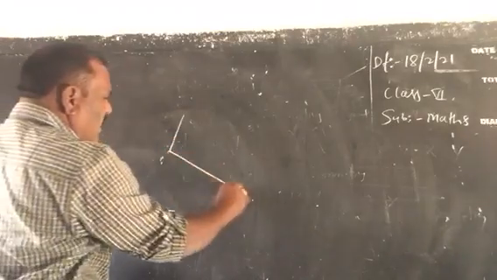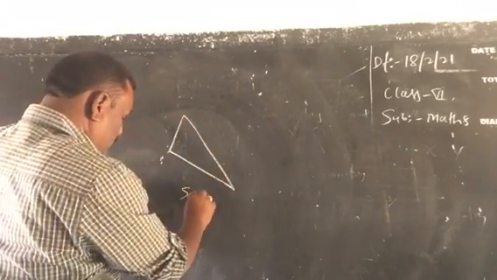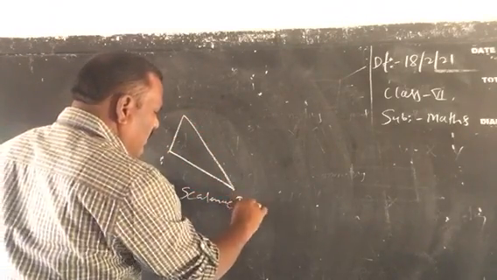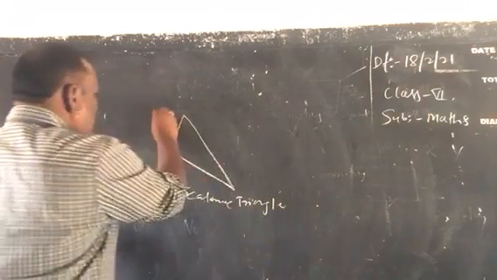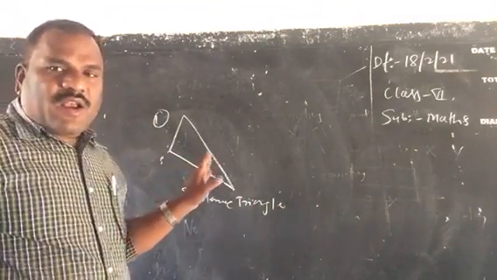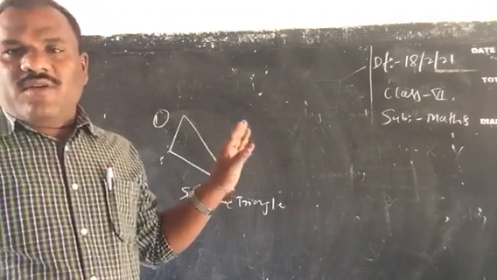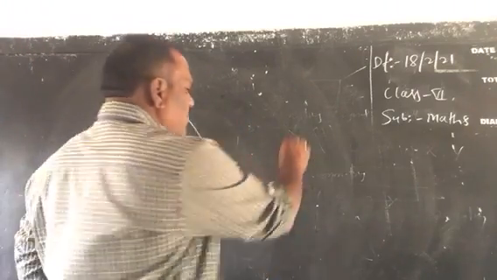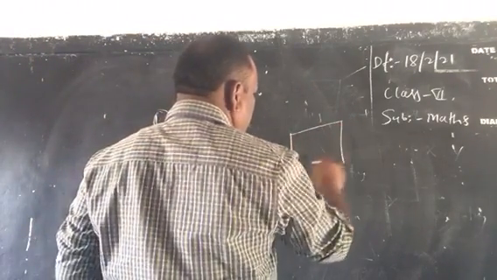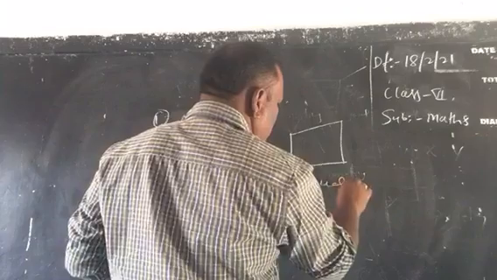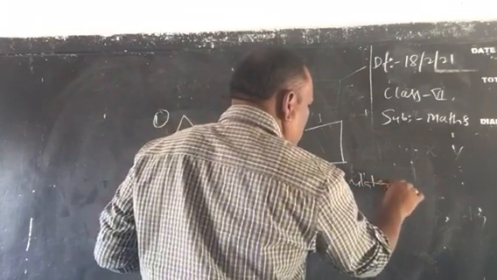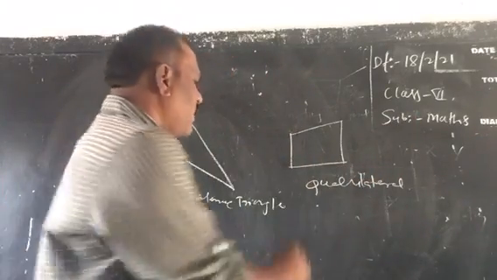For example, children, a scalene triangle. We cannot draw any line of symmetry on a scalene triangle. And one more is a quadrilateral. A quadrilateral also does not have a line of symmetry.